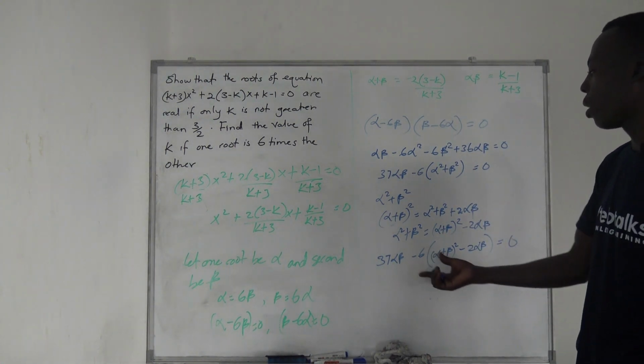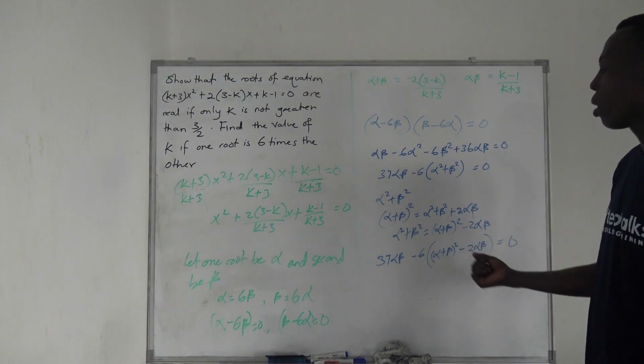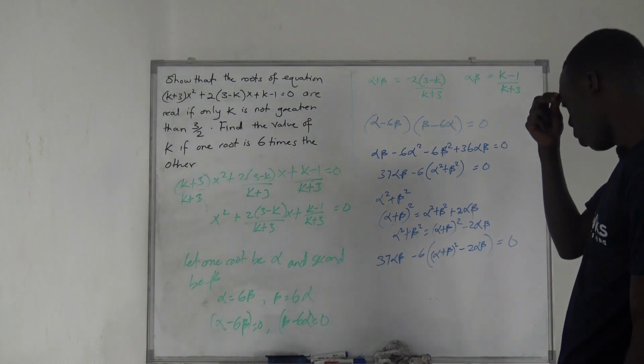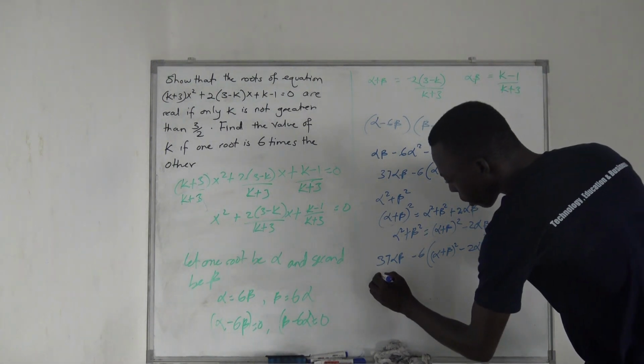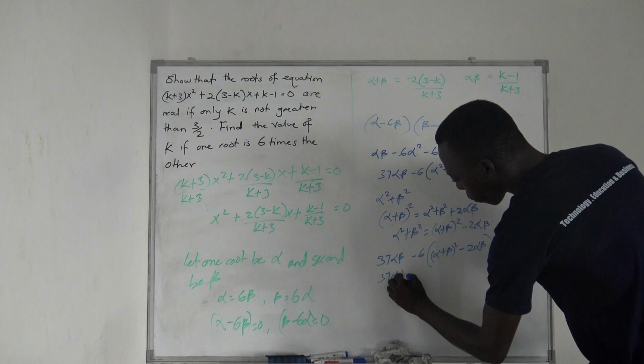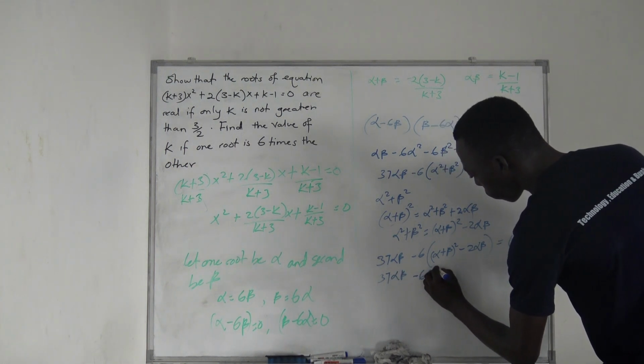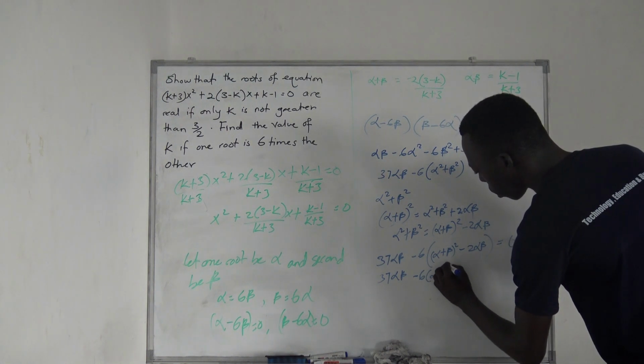So we have this one. What we do, we multiply inside the bracket the 6, but which is a negative. So here it becomes 37 alpha beta minus 6 into alpha plus beta, the whole thing squared.